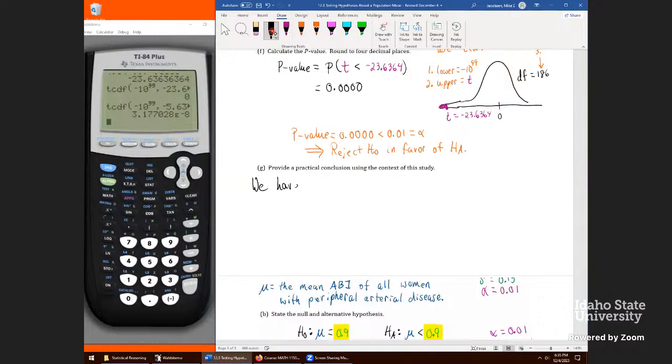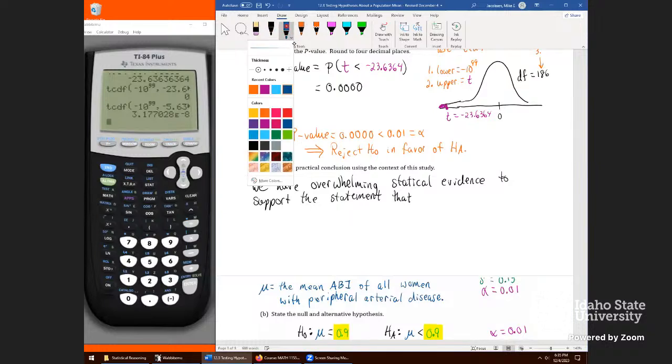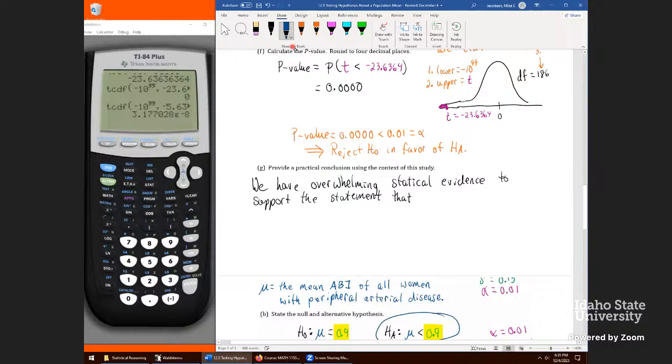We have overwhelming statistical evidence to support the statement, or the hypothesis. I'll go with the statement that, and now let's look up the statement. We're thinking of this one down below here.